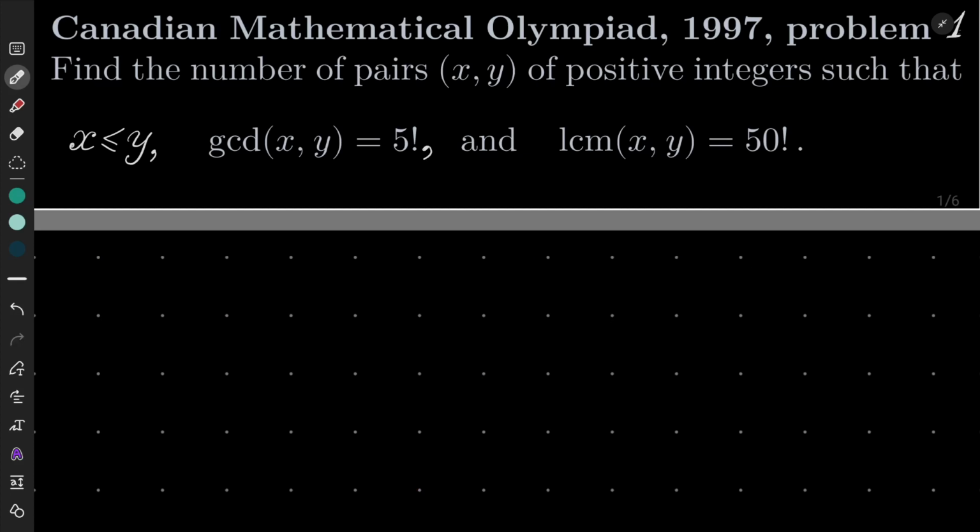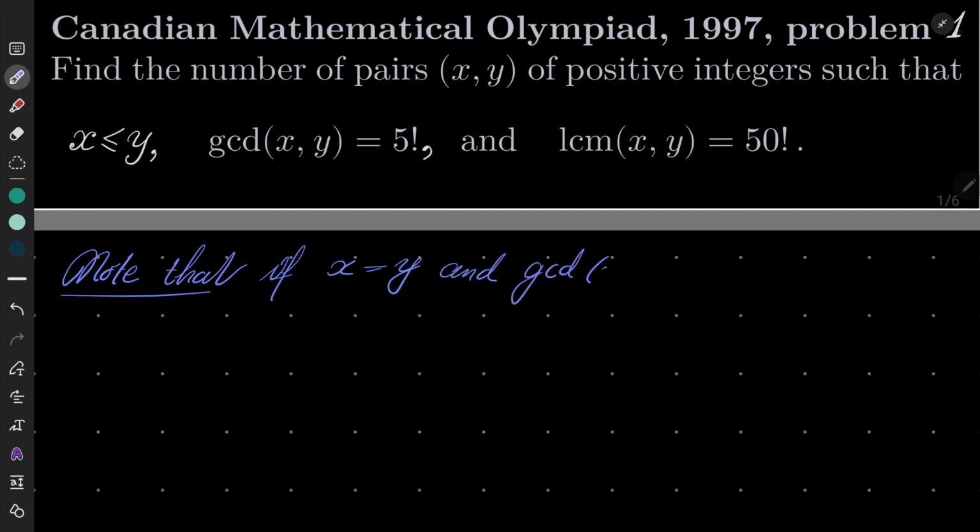So first of all, note that if x equals y and GCD of x and y equals 5 factorial, then obviously LCM, least common multiple of these numbers, cannot equal 50 factorial, because if numbers are the same, GCD of them and LCM of them are the same.